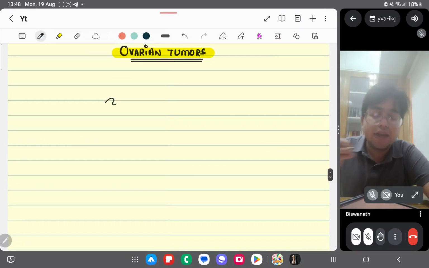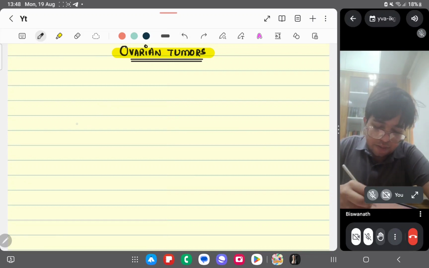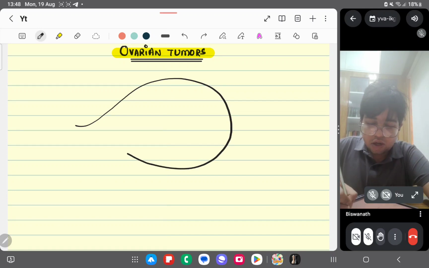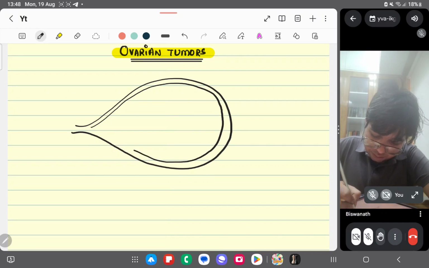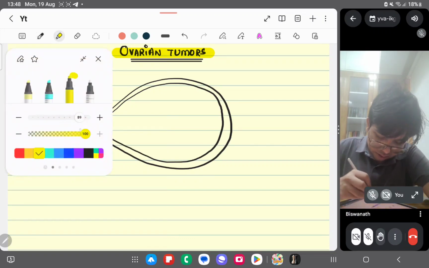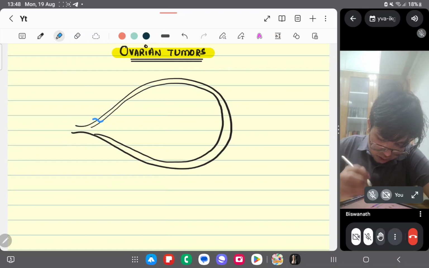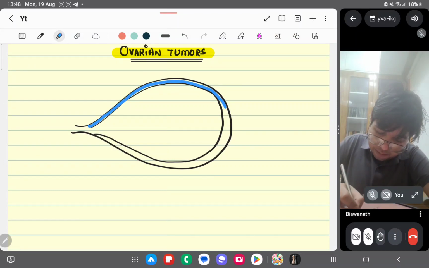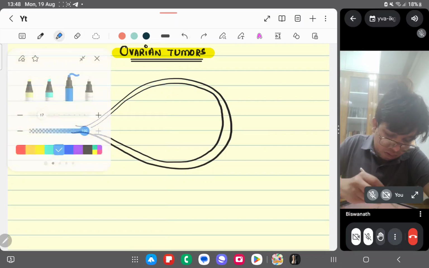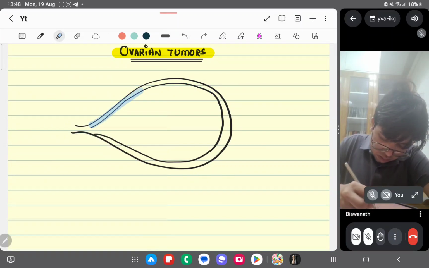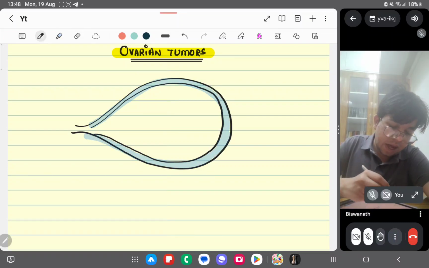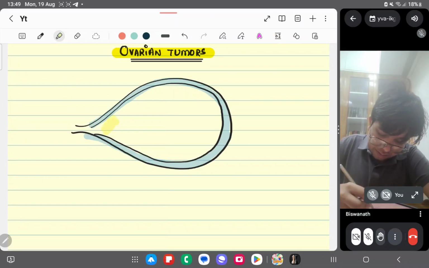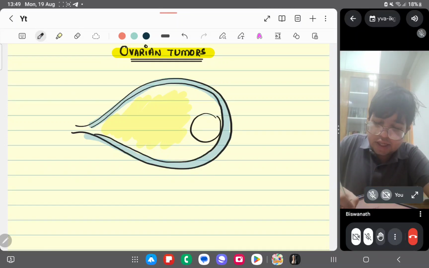If you have to draw, you can draw the ovary like this, and let's assume this whole part is the epithelium of the ovary, and this yellow part is the stroma, and let's draw a germ cell or the ova.